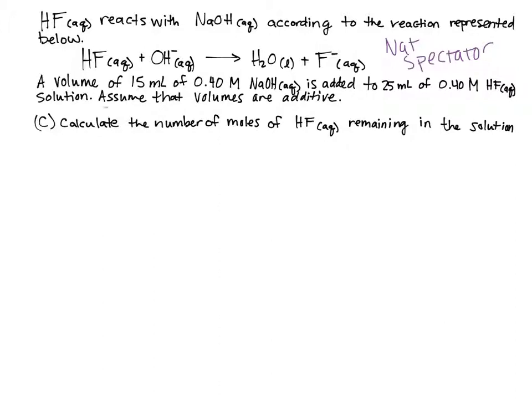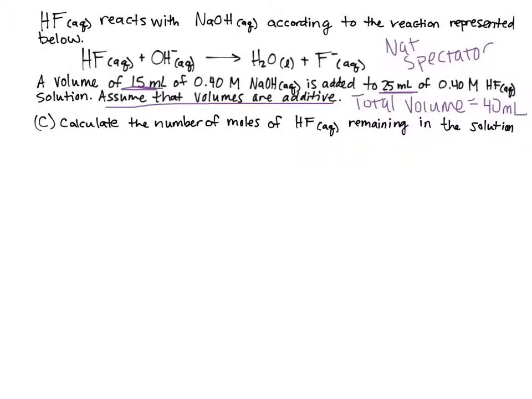This is a really important sentence, so I'm going to think to myself, total volume is going to be equal to 15 milliliters plus 25 milliliters, which gives me 40 milliliters in the end. My goal now is to calculate the number of moles of HF remaining in the solution.